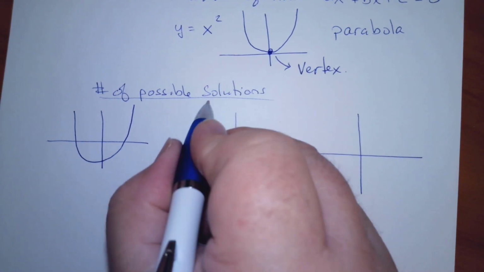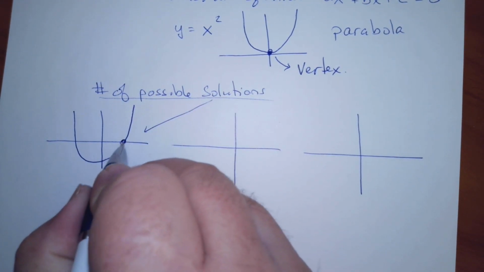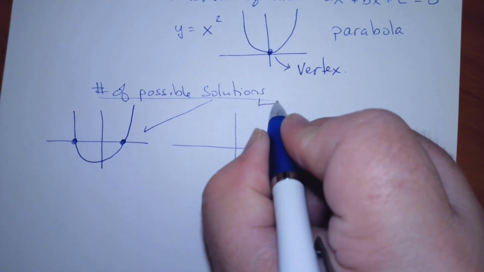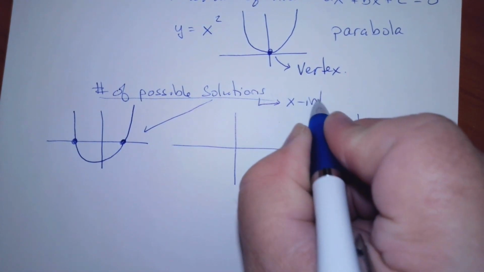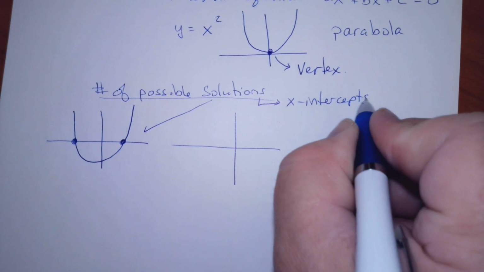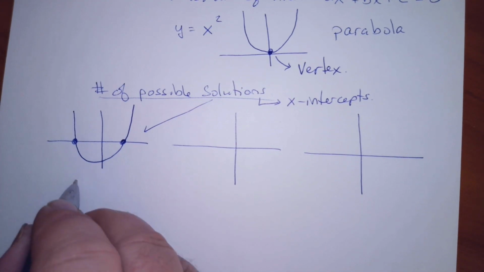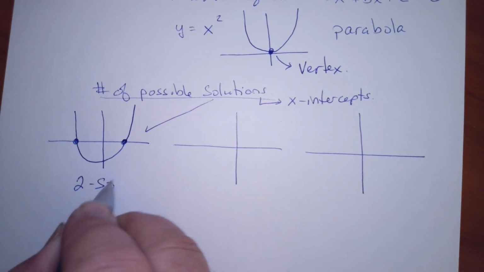When we say solutions, we're talking about the x-intercepts. So when we talk x-intercepts, we're talking about solutions. So we can have two solutions.